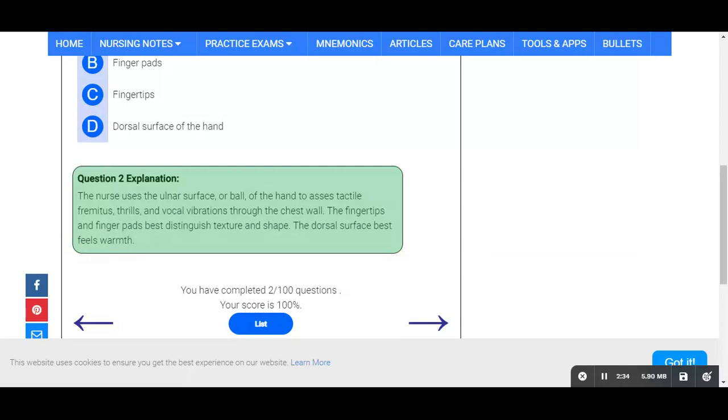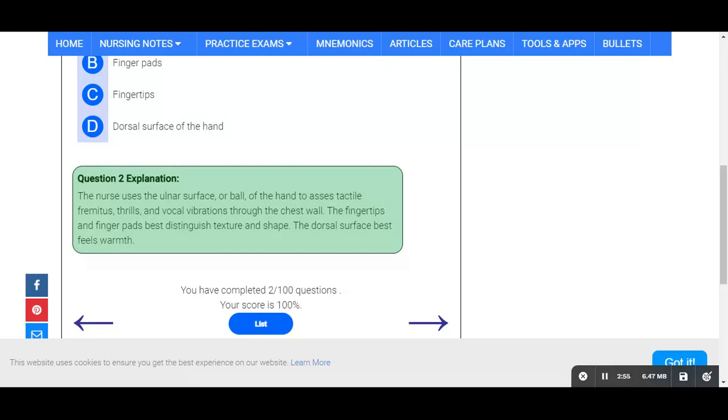When we do the assessment, we use this ulnar surface like almost near your wrist if you're familiar, because we are assessing for fremitus, for like vibration when we get the patient to talk. So the fingertips and finger pads best distinguish texture and shape. The dorsal surface best feels warmth.